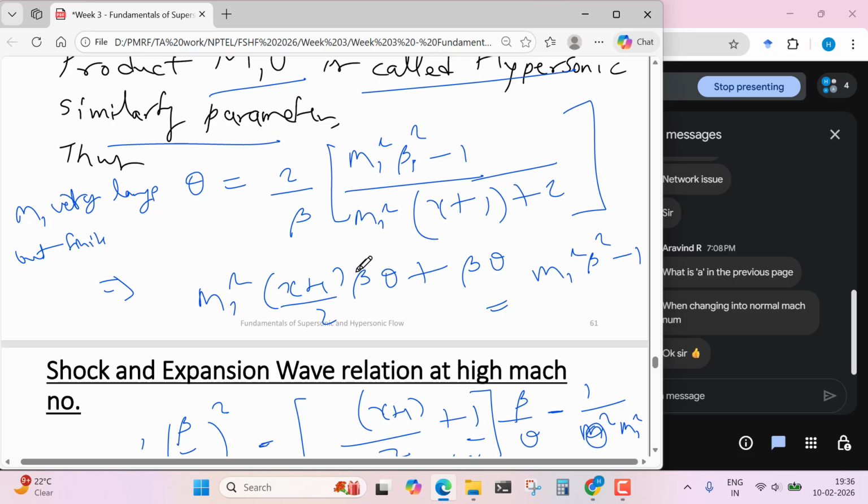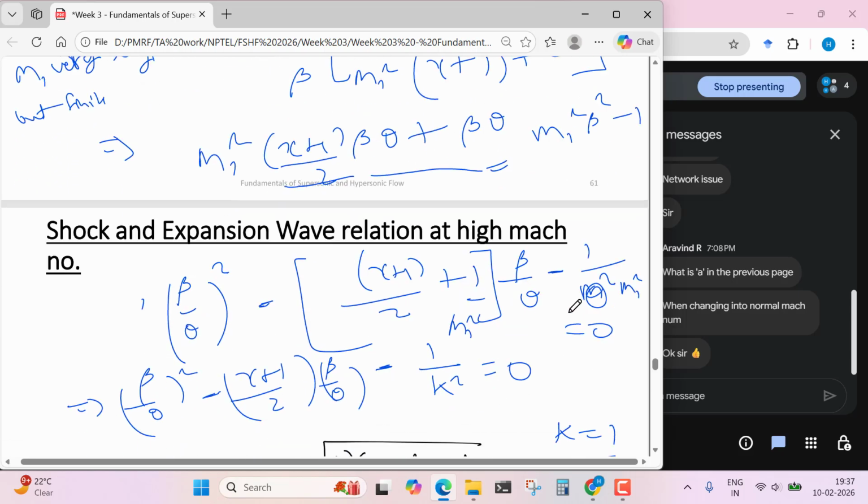If you do the cross multiplication, we'll get this equation: M1 square (gamma plus 1) upon 2 beta theta plus beta theta equal to M1 square beta square minus 1. Now we can divide this whole equation by theta square, M1 square theta square.